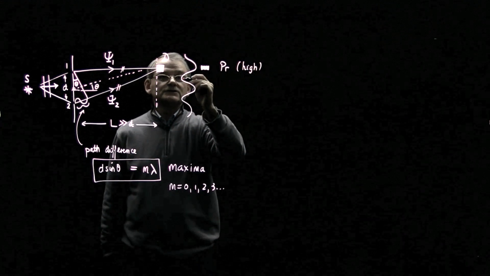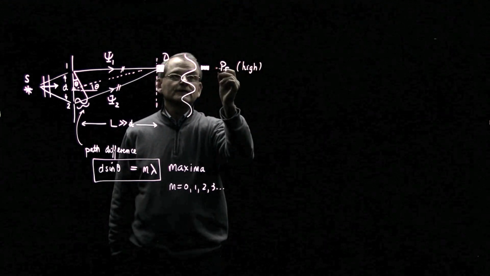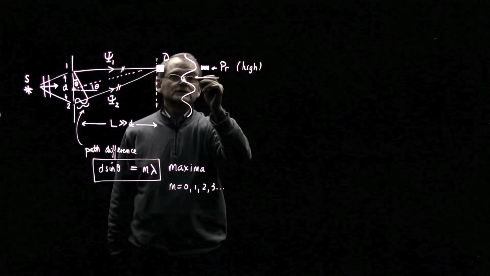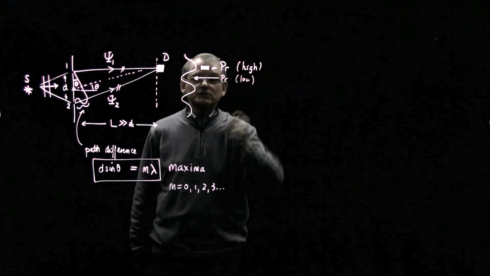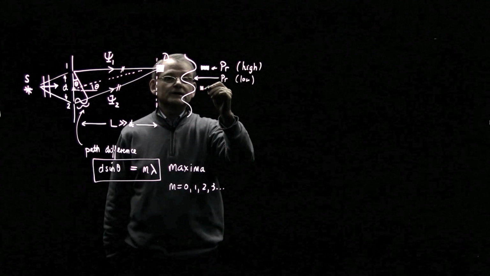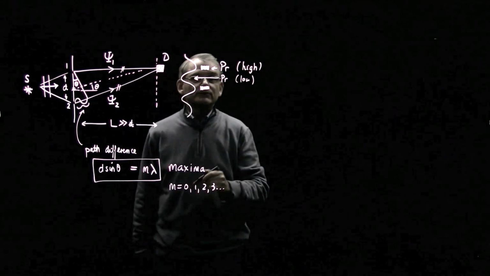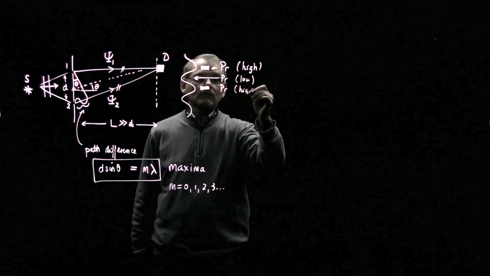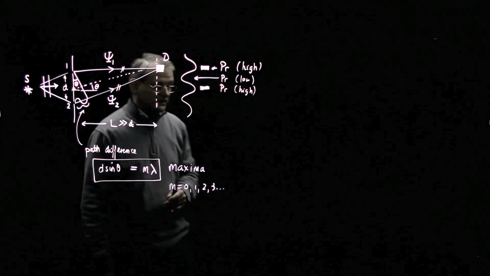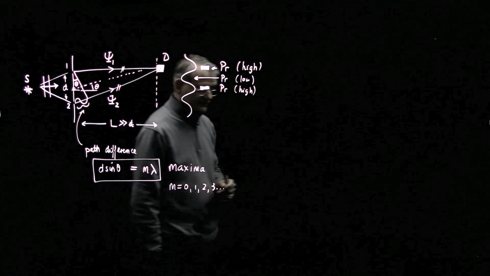Here you get a 0, which means the probability at this point is low, or indeed, if it's a minimum, 0. And again, you'll get another neighboring region with a high probability. So this is known as the Young's double-slit interference experiment.